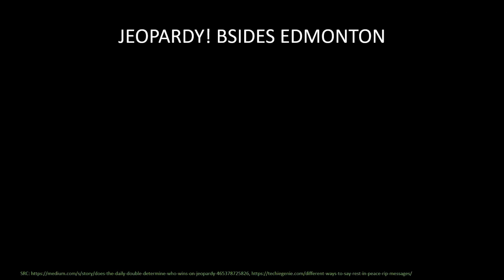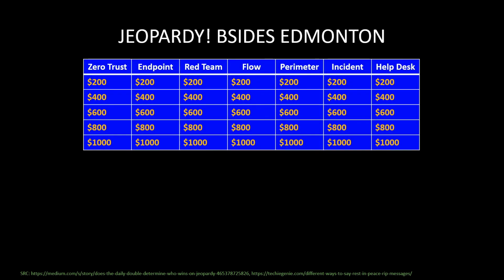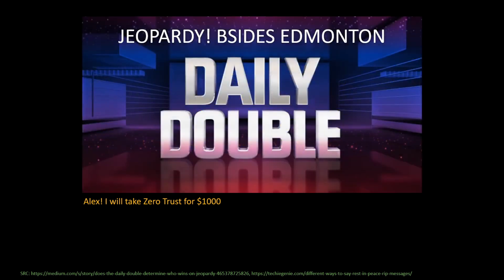All right, so this is it. Jeopardy, BSides Edmonton. We've got our list here: zero trust, endpoint, red team, flow, perimeter, incident, and then we've got help desk. Now, I know everybody's pretty confident here, and so we're going to take, Alex, if you don't mind, zero trust for 1,000. Well, look at that, daily double, I might say. It's double something.